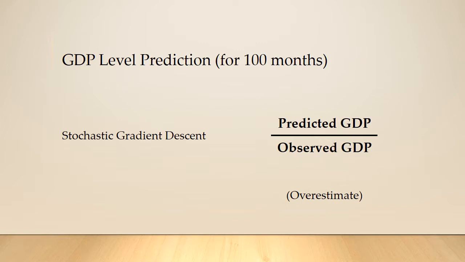Using the transformed data set that we obtained, which is now only 6 dimensions, we apply stochastic gradient descent to predict GDP. The predicted result over the observed result gives an overestimation of about 7.2%.